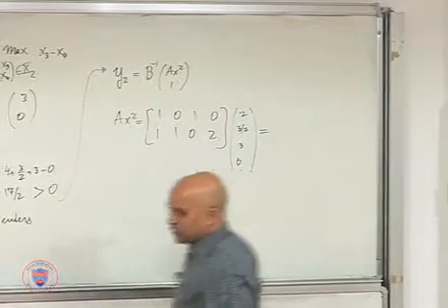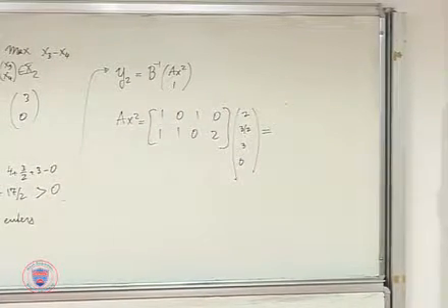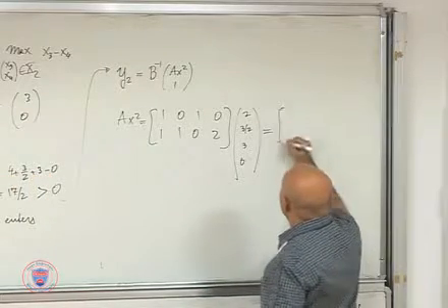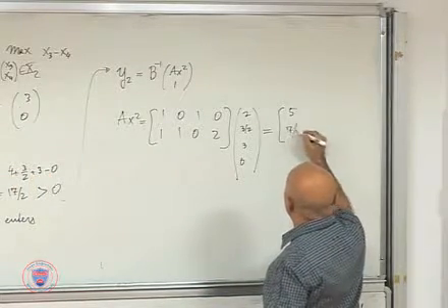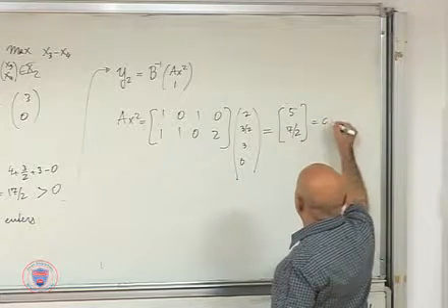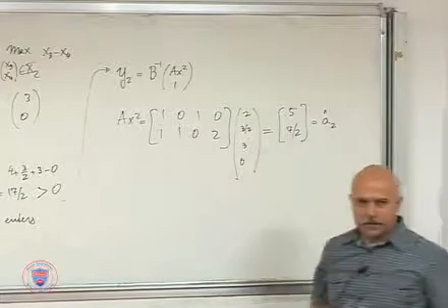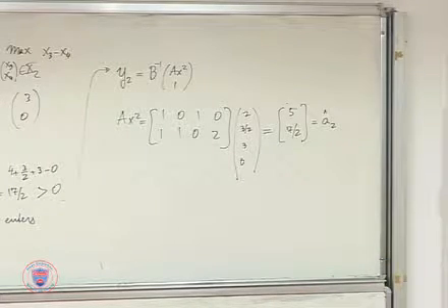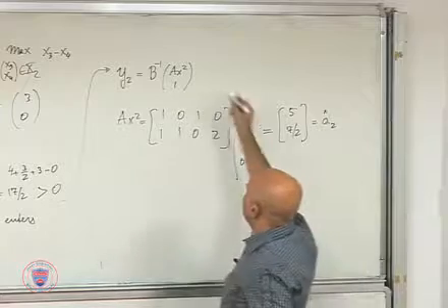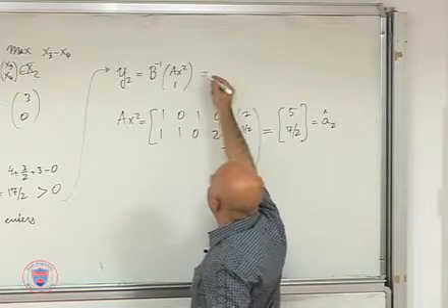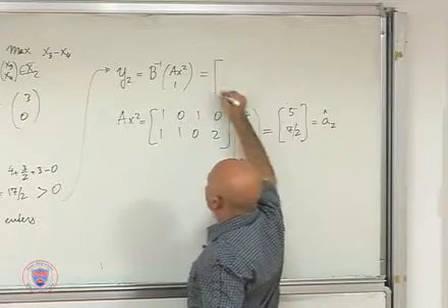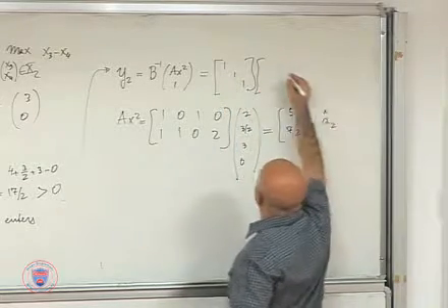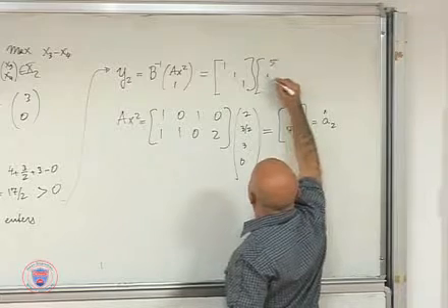What is the output of this? I'm too lazy to compute that. It happens to be 5 and 7 halves. So this is your A times the second extreme point. Okay. All right. So y2 is going to be B inverse, which is the identity, times this thing, which gives you the same thing, of course.